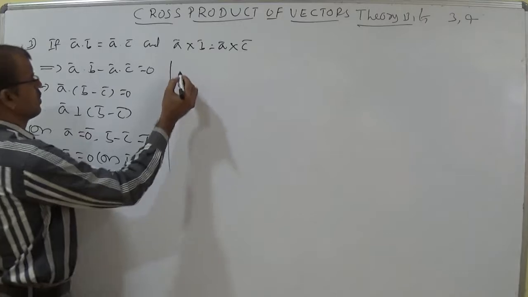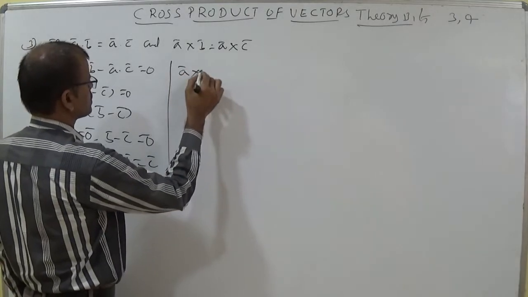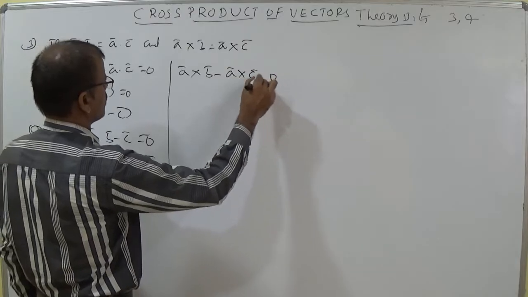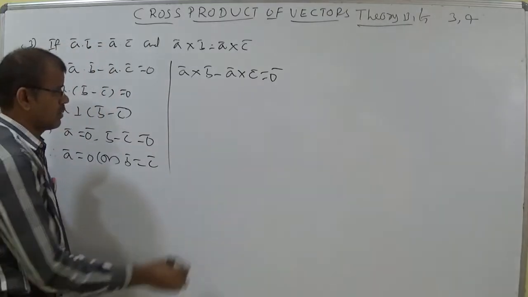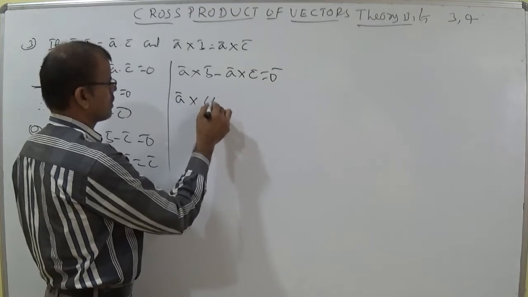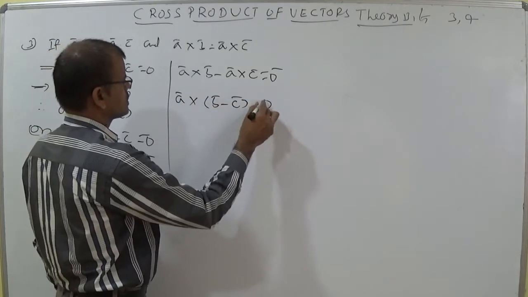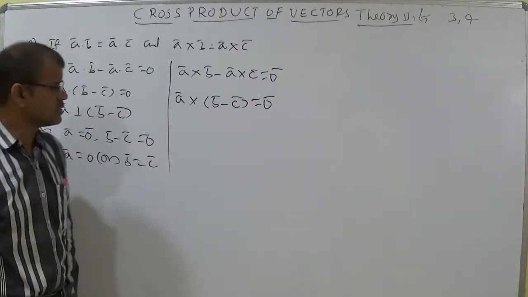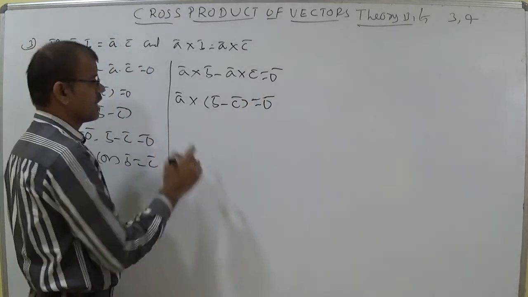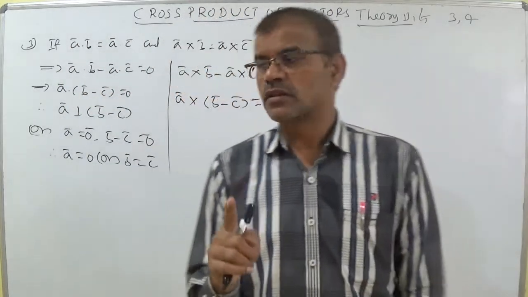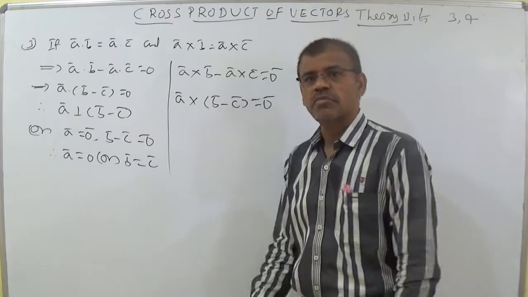Now taking the other one, a bar cross b bar minus a bar cross c bar equal to 0 bar, the null vector. Taking a bar common with the cross, within the brackets we get a bar cross (b bar minus c bar) equal to 0 bar. Here we understand that if the cross product is 0, then the two vectors are parallel.